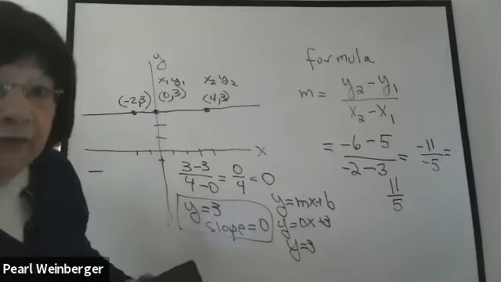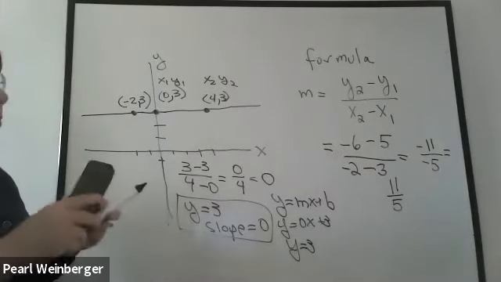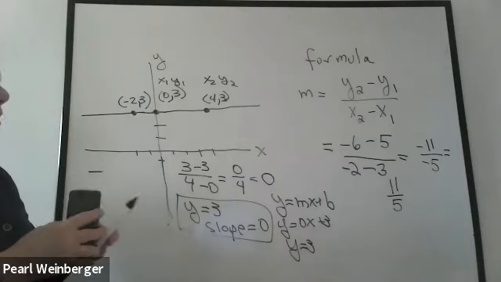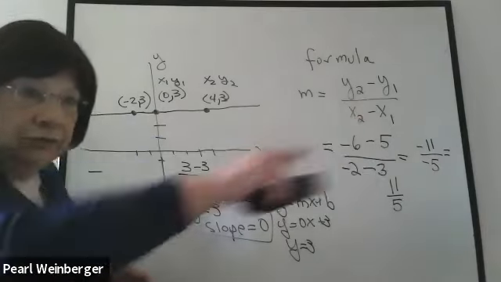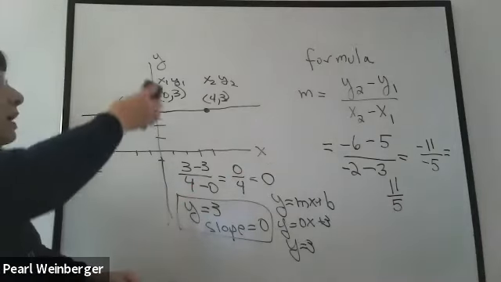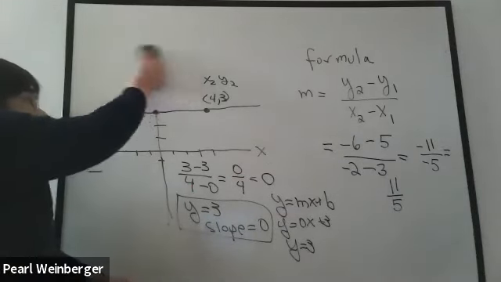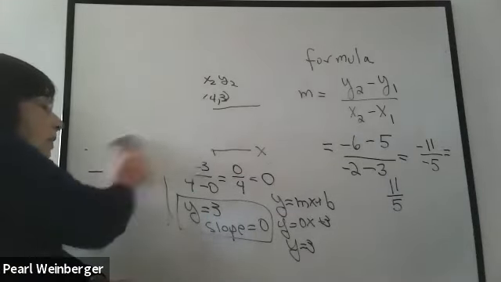Let's talk about a similar line, but a little bit different. Instead of a line that goes straight across, a line that's called the horizontal line, what if we have a line that goes straight up and down?